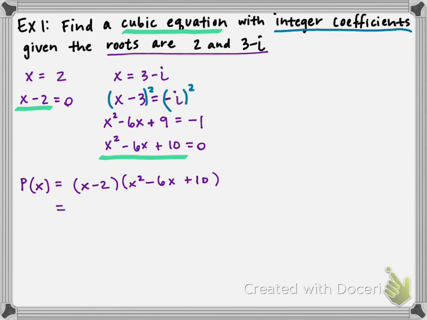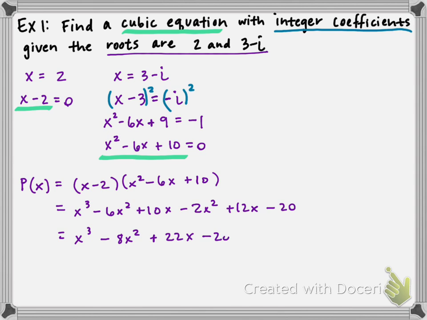When I multiply this out, I'm going to get x cubed minus 6x squared plus 10x minus 2x squared plus 12x minus 20. Combine your like terms. x cubed minus 8x squared plus 22x minus 20, and this is equal to our polynomial p of x.